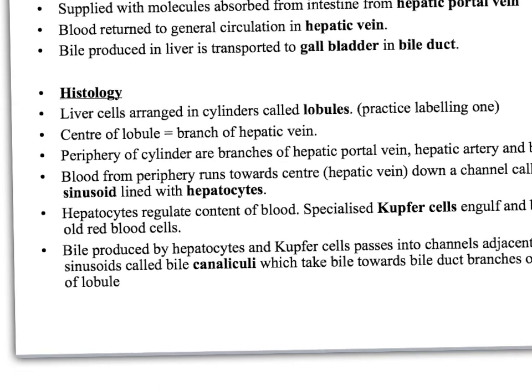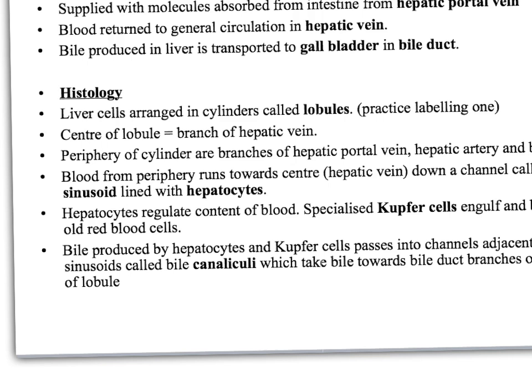Moving on to the histology, the functional unit of livers are these things called lobules. As it said here, you should practice drawing one and labelling one, so you know what all the key words are. The key words are all the ones which are highlighted here.